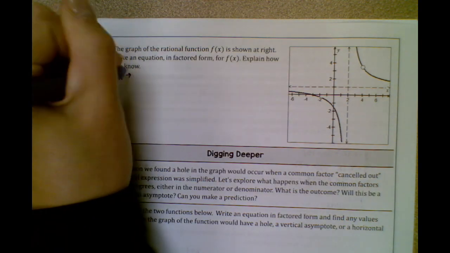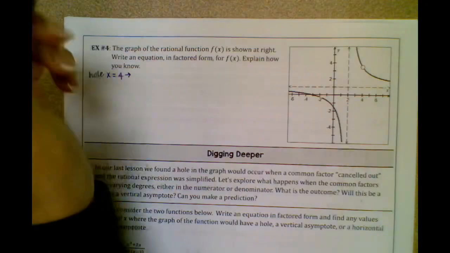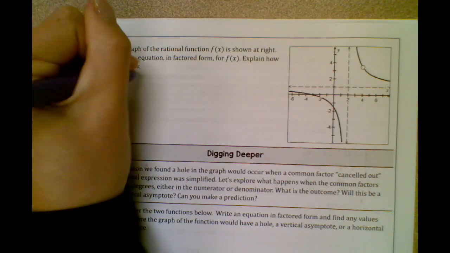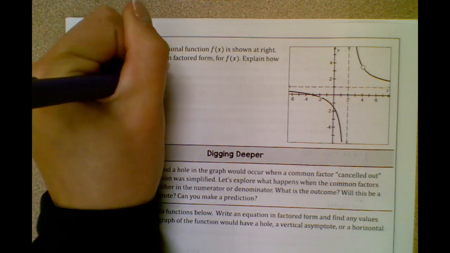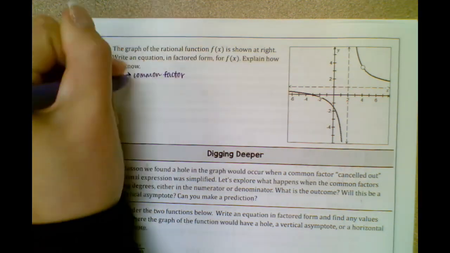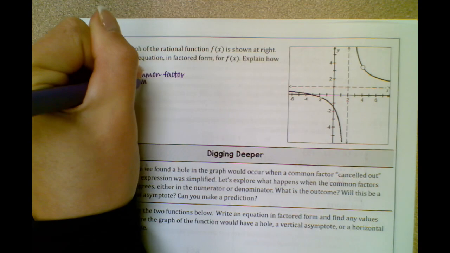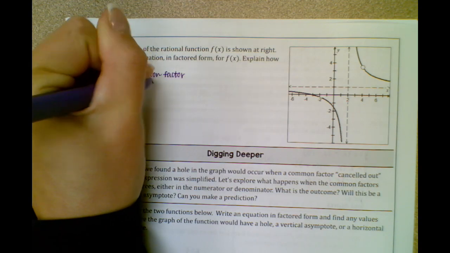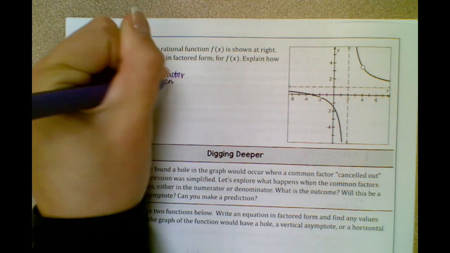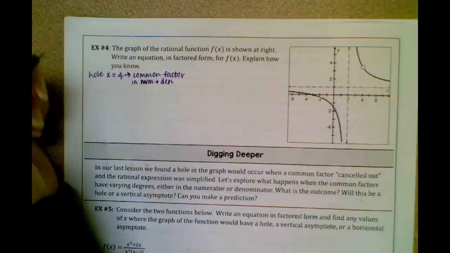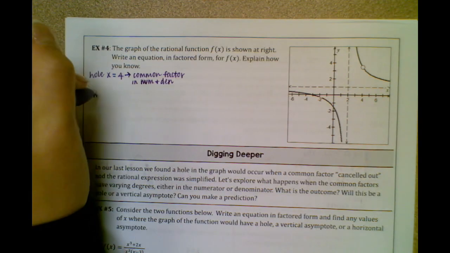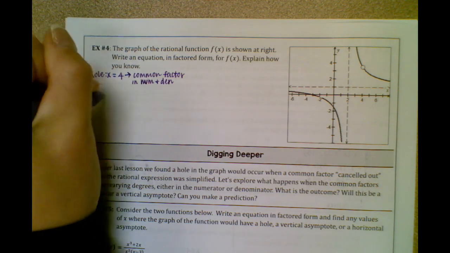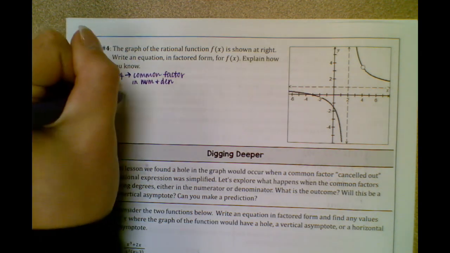To explain how you know, that's what I'm doing right now, working backwards in a way. So, common factor in numerator and denominator. And then I have a vertical asymptote at x equals 2.